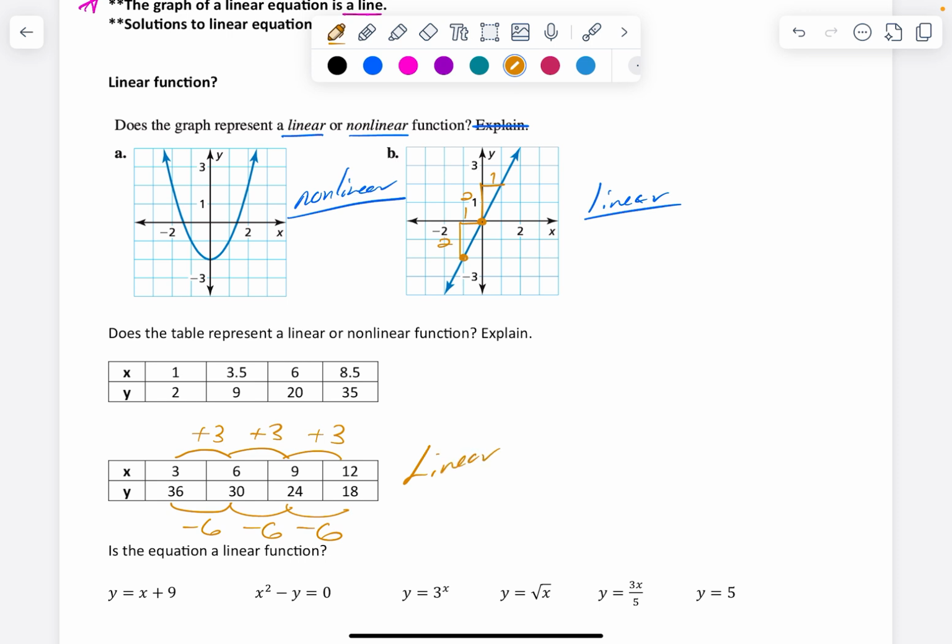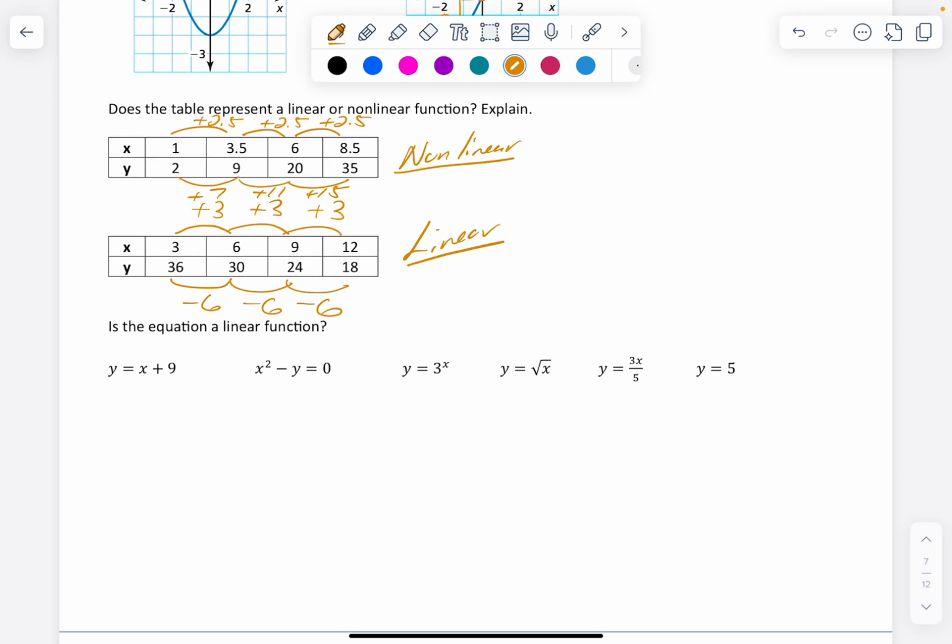That's what we're looking for. Up above, we can see plus 2.5, plus 2.5, plus 2.5, but down below it's plus 7, plus 11, plus 15, not constant. So this is non-linear.